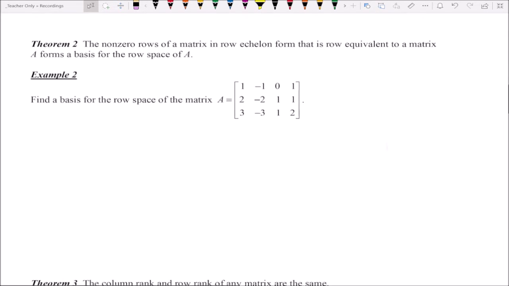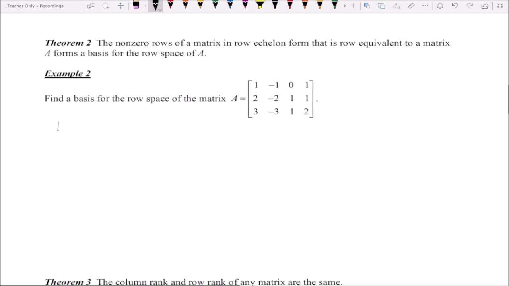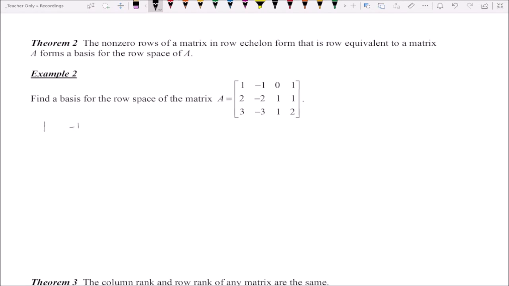So this is the same matrix as we had in example 2. All right, row reducing it gives us this.